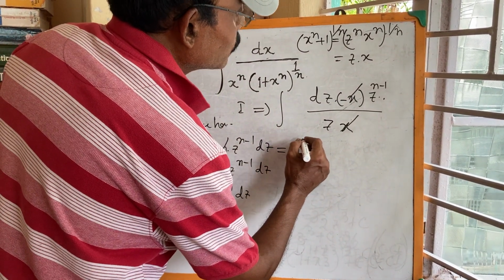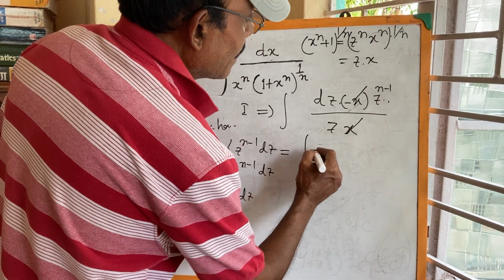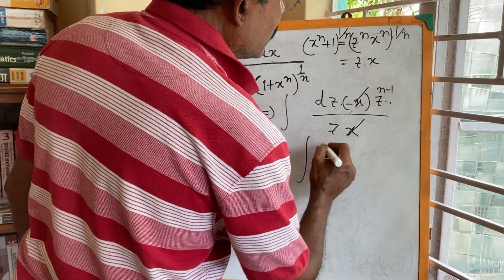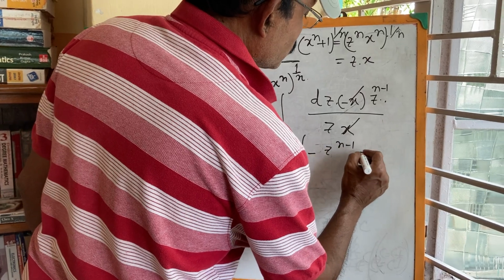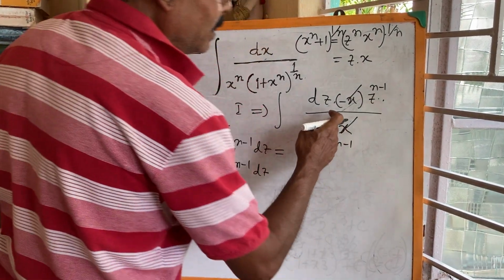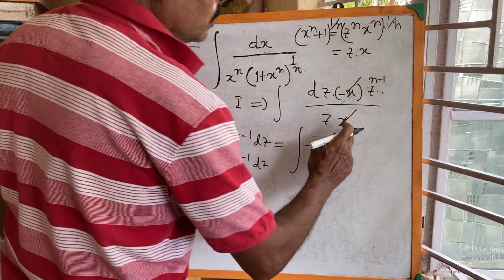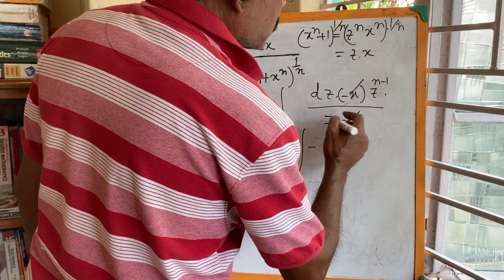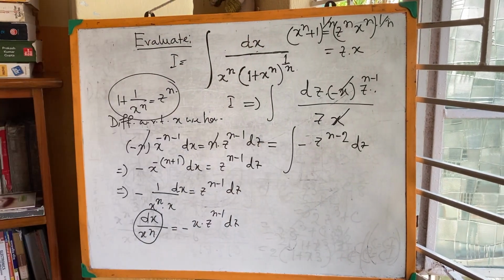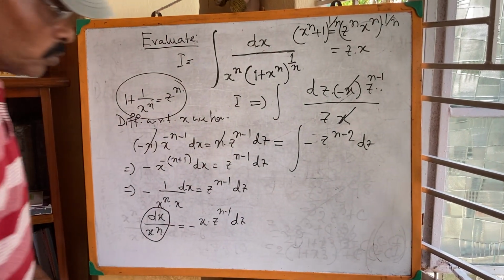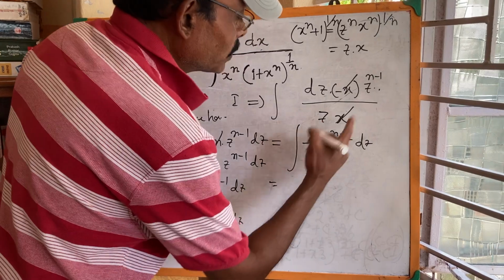So this will be minus z to the power n minus 1, and here power is 1. So minus 2 dz.